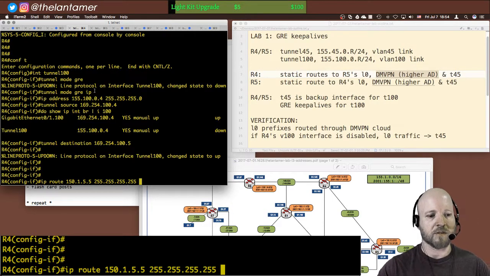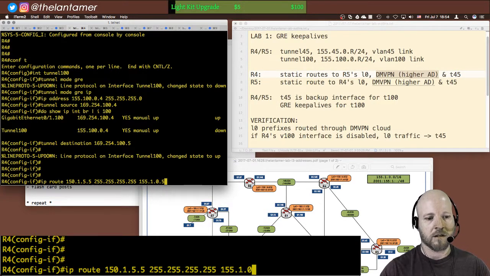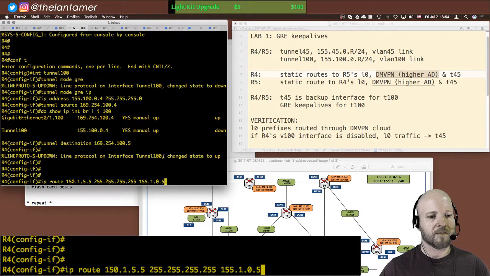So IP route 150.1.5.5, and this is going to be via the DMVPN link. Yeah, because if I go over here, show, this is tunnel 0. 155.1.0.5 is the DMVPN. 0.5, correct, and that is going to be a higher AD.